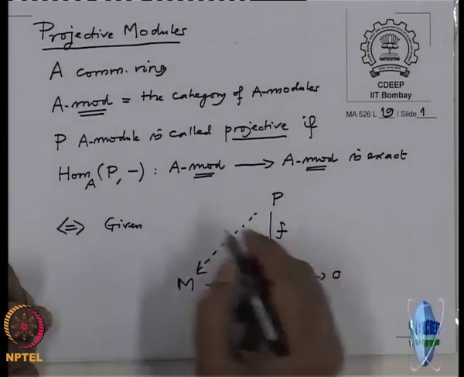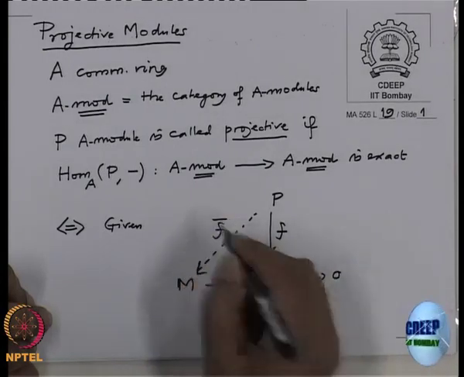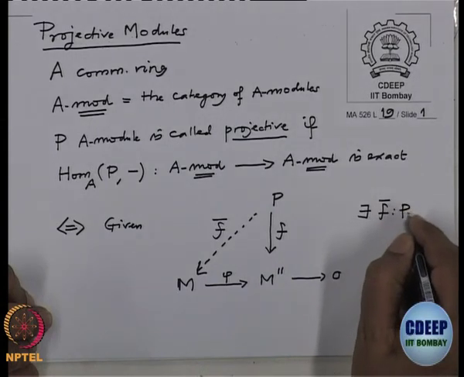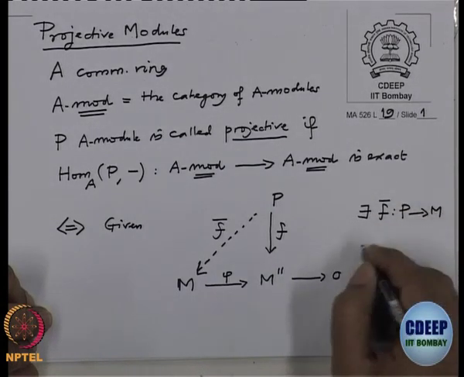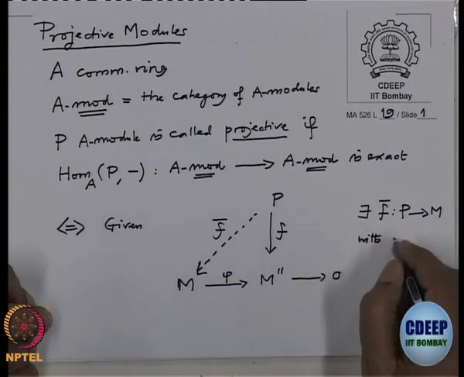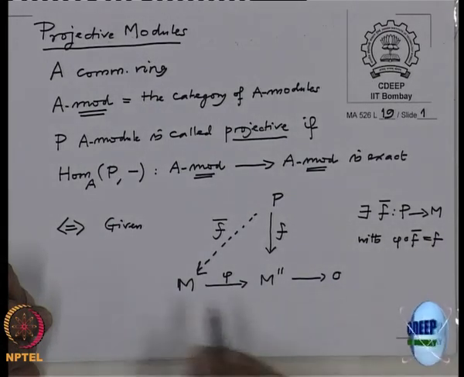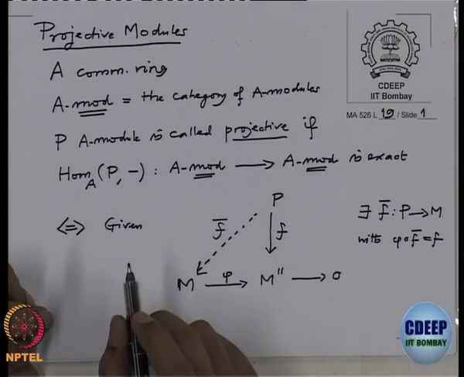So given this, there exists F bar from P to M such that phi composed with F bar is F. Then you call that module projective.